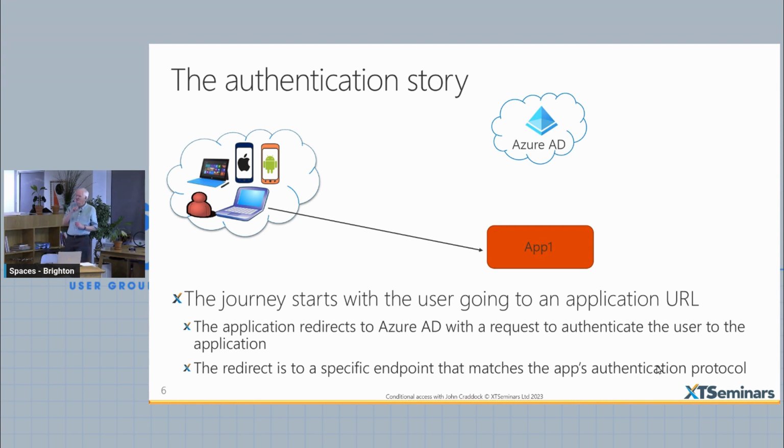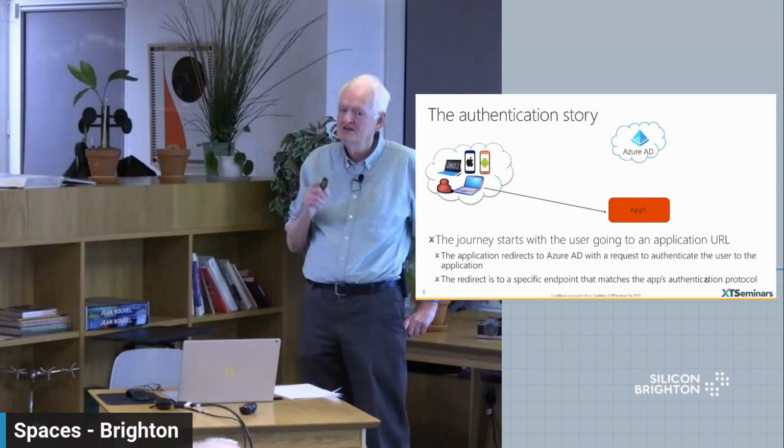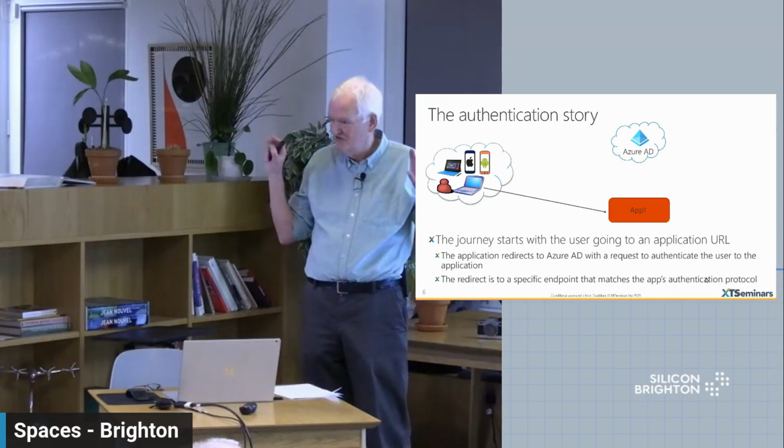Well, if you were already authenticated to the app, you would probably have a cookie to prove it. That's not a cookie for Azure. It's a cookie to prove you're authenticated to the app, in which case you've got access. Right? If you're not authenticated to the app, it says you need to go and get authenticated. You need to go to the security token service that I trust.